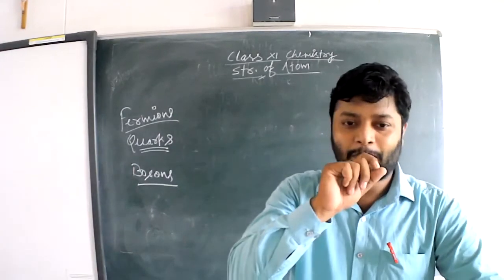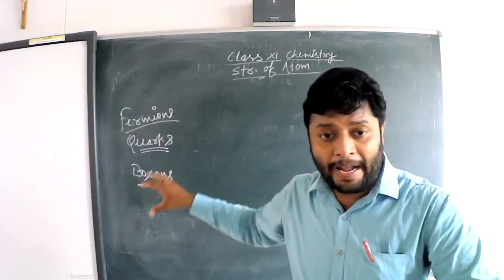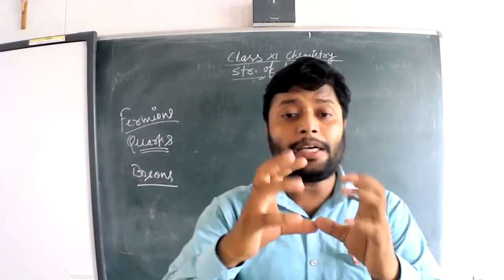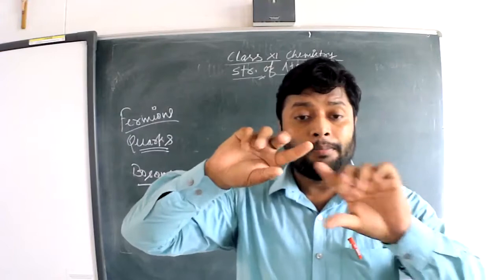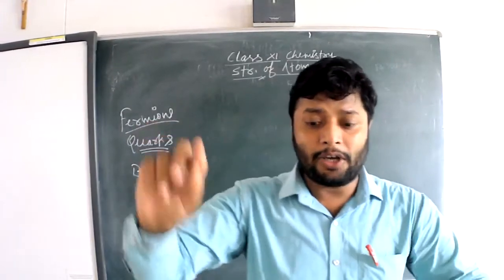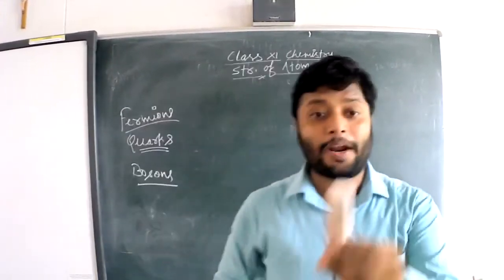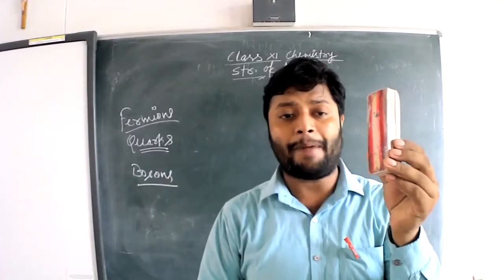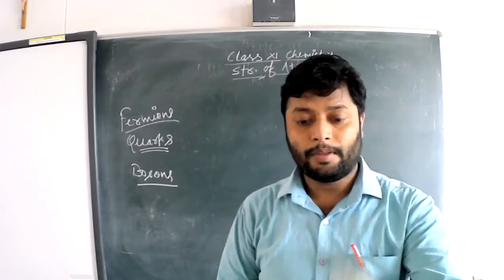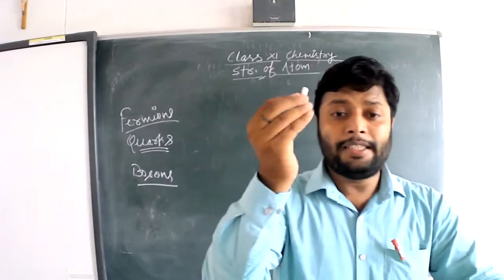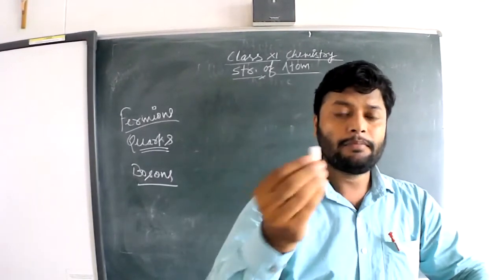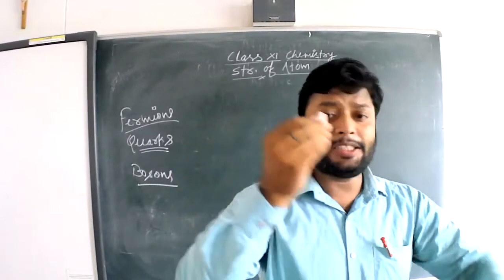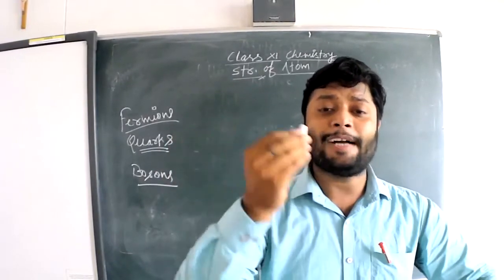Another thing: some particles have integral spin, which is called both direction motion. Look at the motion. Suppose this is a central particle, and suppose this particle rotates clockwise. This is called one directional motion, clockwise.